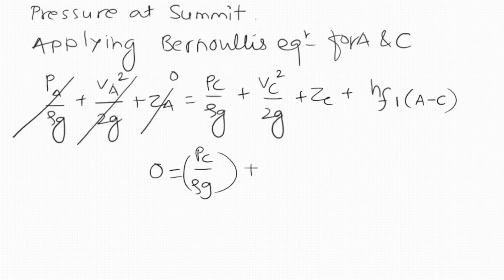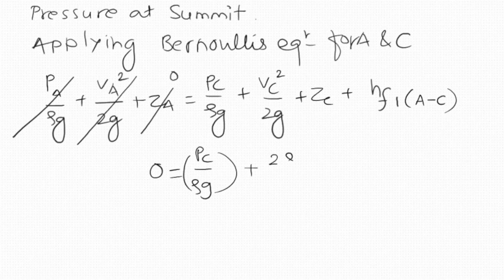Now the velocity that we found out by applying the Bernoulli's equation between A and B, that velocity is the velocity of fluid in the pipe that will remain same at any point in the pipe. So we can say at point C, the velocity will be 2.8 meter per second.